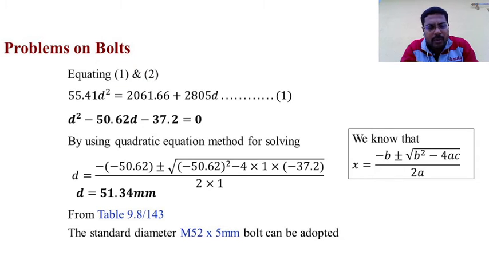Therefore D1 = 51.34 mm. From table 9.8 on page 143, the standard diameter M52 into 5 mm bolt can be adopted. So the standard size of the bolt is D = 52, taking the higher number. M52 means metric thread 52 into 5 mm bolt can be adopted. This is the solution of the problem.